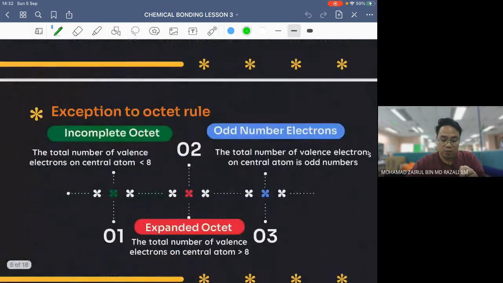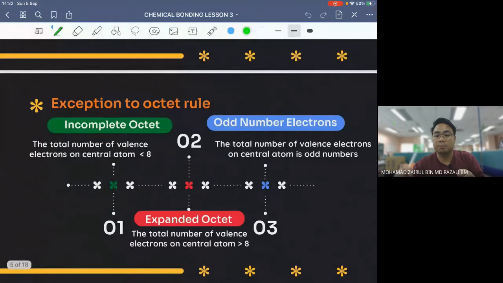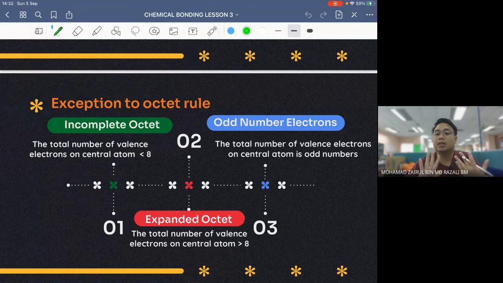We have incomplete octet. Incomplete octet means the total number of valence electrons surrounding the central atom must be less than 8. It must be an even number but less than 8, for example 4 and 6 normally. For expanded octet, the total number of valence electrons surrounding the central atom must be greater than 8, for example 10, 12, 14 and so on.